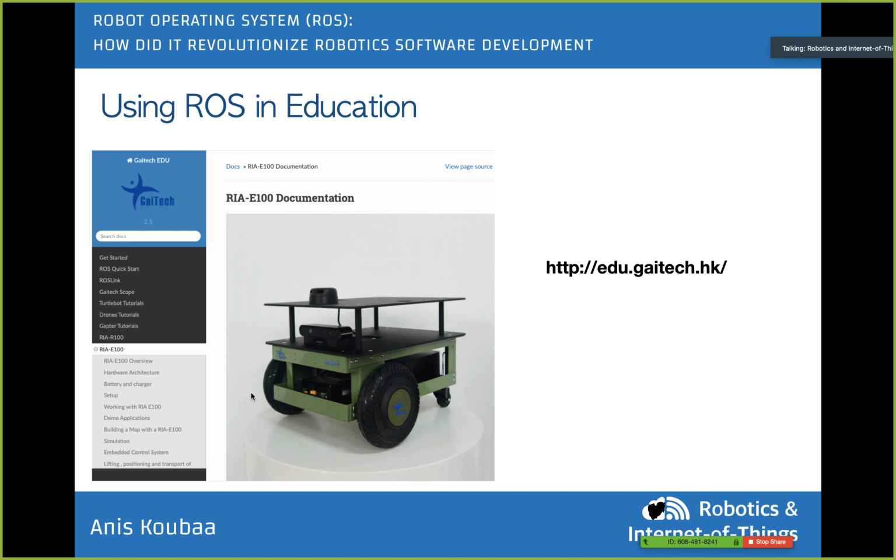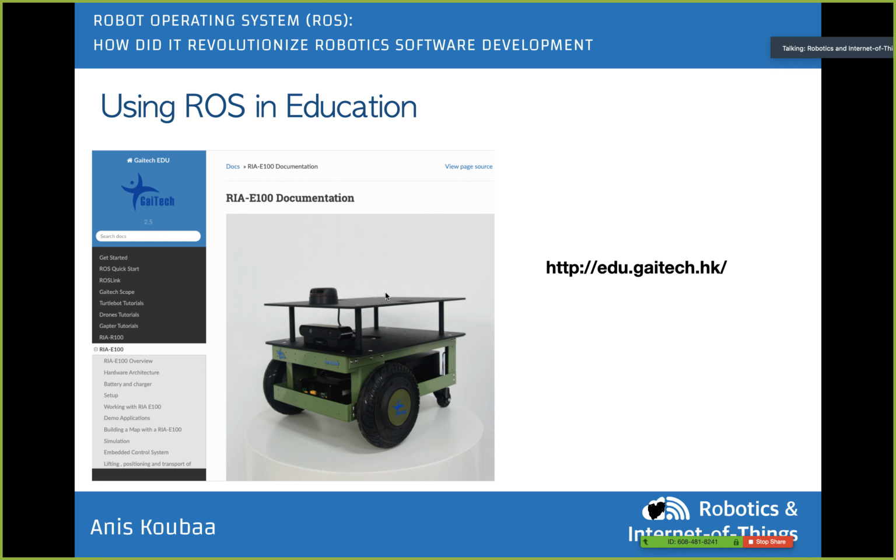We have also developed a robotic platform that is called the RIA E100. This platform is designed specifically for research and education. It has a Core i5 computer here. It has a 360-degree laser. It has an RGB camera. And you can also extend it with GPUs and with a robotic arm.